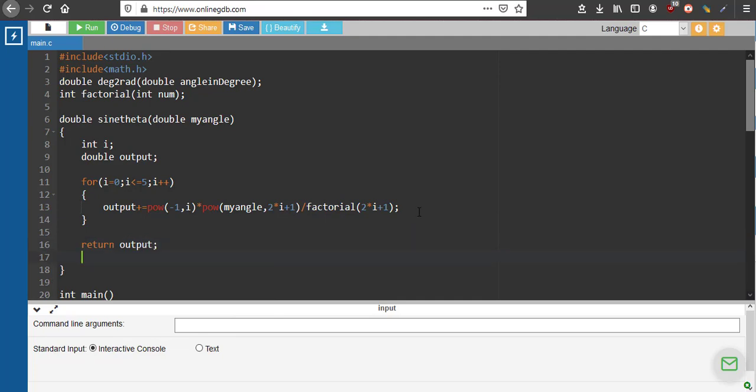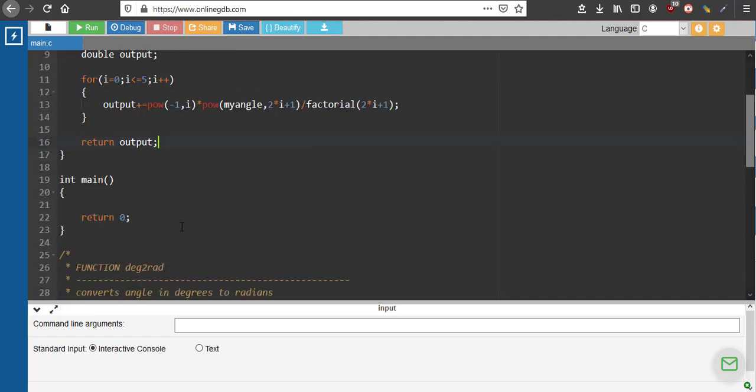I hope this is clear to you. This function takes an angle, runs the loop from 1 to 5, uses the power series to evaluate the output, and finally gives the output back to the main function. Now the only thing we have to do is call this.